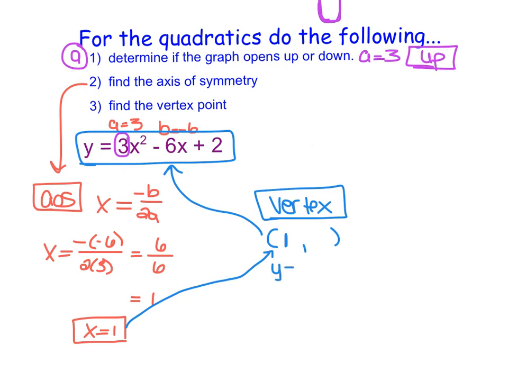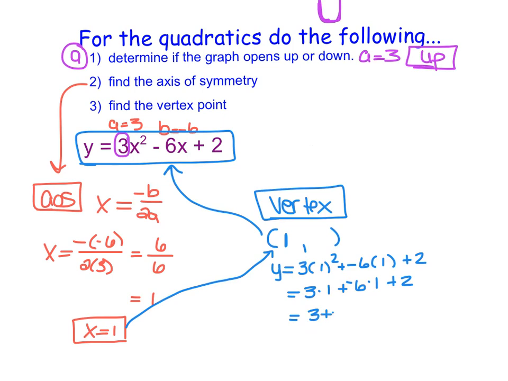So here we have y is equal to 3 times 1 squared. I'm going to use keep, change, so plus a negative 6 times 1 plus 2. So here I have 3 times 1 minus 6, or plus a negative 6 times 1 plus 2. So I evaluated my exponents. Now comes the multiplication.